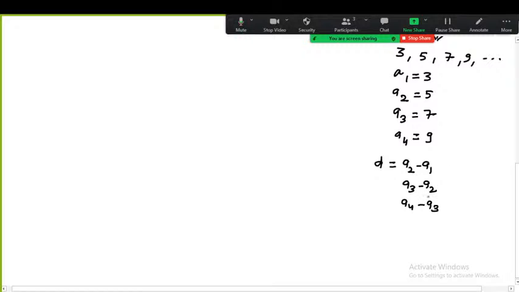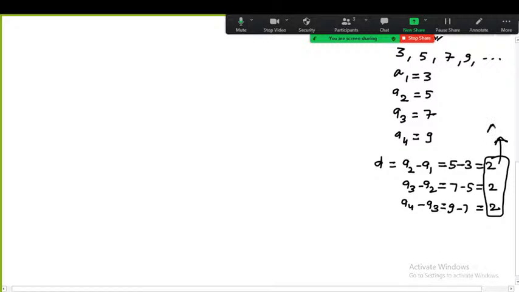Right now, if you subtract any term from the previous one, you get the common difference. 5 minus 3 is 2. 7 minus 5 is 2. 9 minus 7 is 2, and all of them have the same common difference, which means they are all in AP.